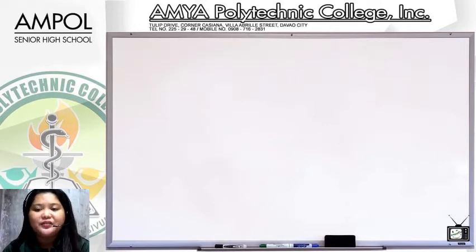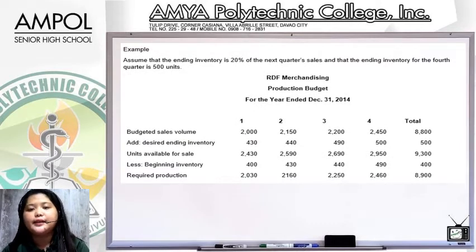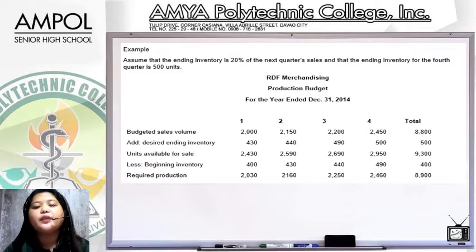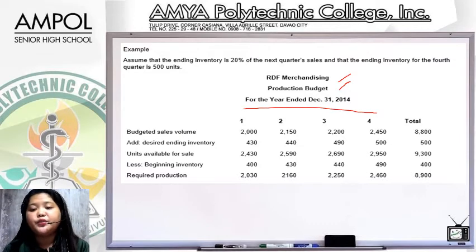Okay, so we have here an example. So let's read first the problem. Assume that the ending inventory is 20% of the next quarter sales, and the ending inventory of the fourth quarter is 500 units. So, same company, RDF Merchandising, and then sa sales budget tayo kanina, ngayon, we are going to have the production budget for the year ended December 31, 2014.